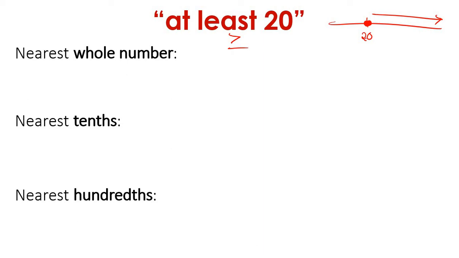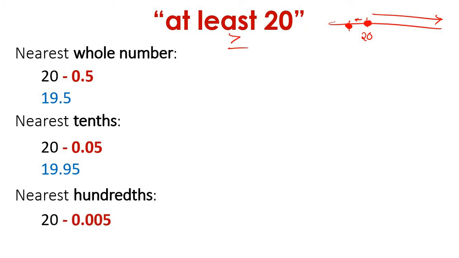But since we want to include 20, we need to subtract so that we can move to the left and have this border line or this mark before we go to the area above. So if we want to round it off to the nearest whole number, we are subtracting 0.5. Again, we are subtracting so that we can include 20 in the area above. If we are tasked to round off to the nearest tens, that's minus 0.05. And for the nearest hundreds, that's 0.005.